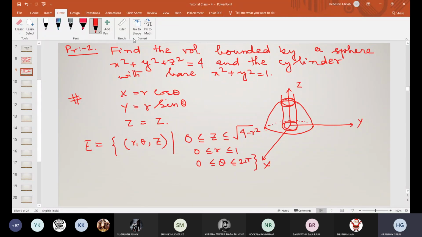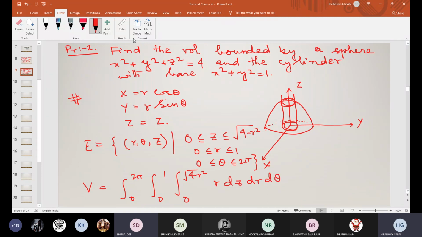And then after the integration you can do, therefore volume v equals to integration 0 to 2 pi, 0 to 1, 0 to under root 4 minus r square, r dz dr d theta.